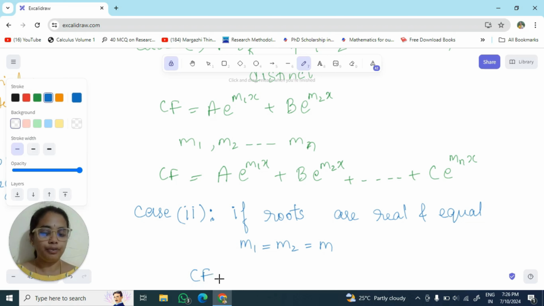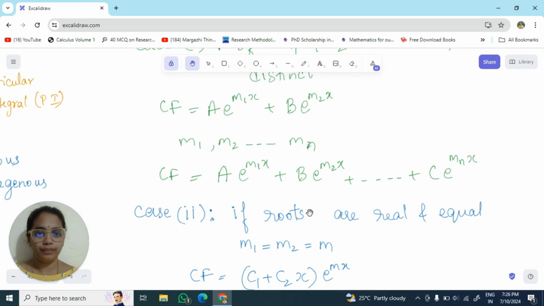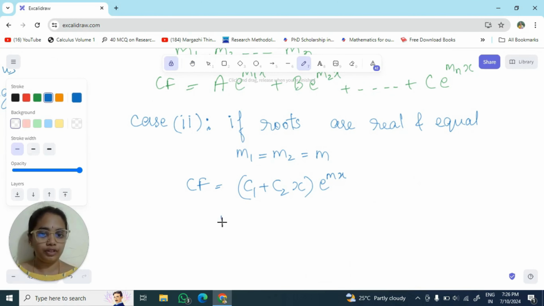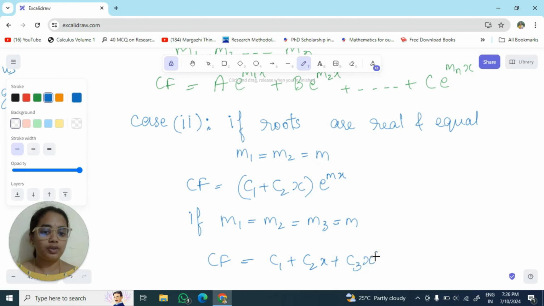Then the CF would become C1 plus C2x whole thing into e to the power mx. Okay, what if we have three roots, m1 equals m2 equals m3 equals say m. Then the CF would be C1 plus C2x plus C3x square whole thing into e to the power mx and so on.